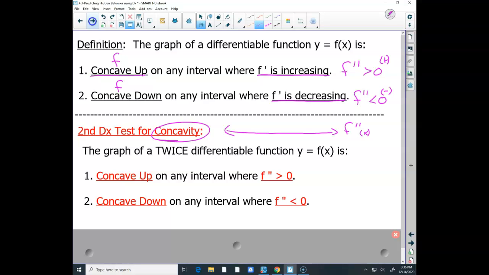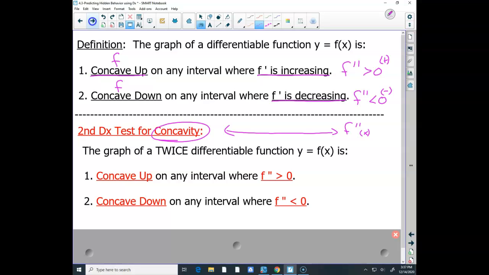And we're going to look for sign changes. If I have a sign change from positive to negative, that's going to end up being a point of inflection for us, because that's where my graph is going to change concavity.